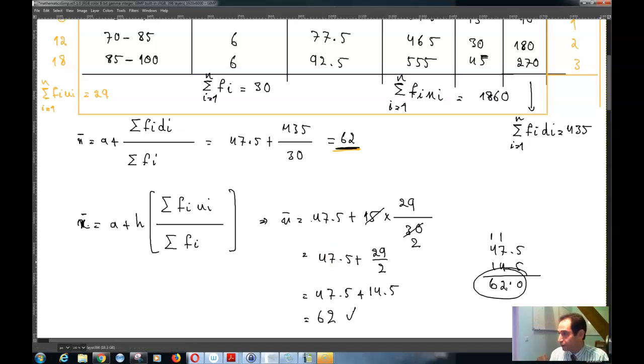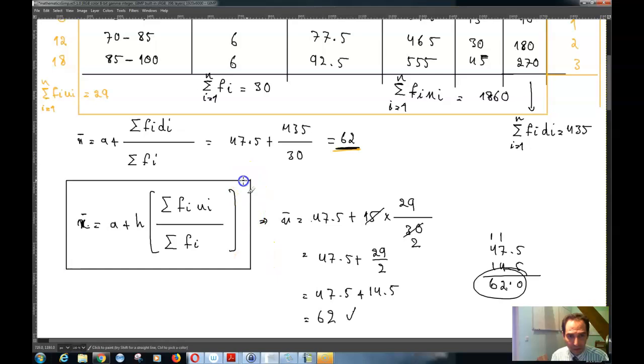So that is that. Now this method that we discussed here is called the step deviation method.